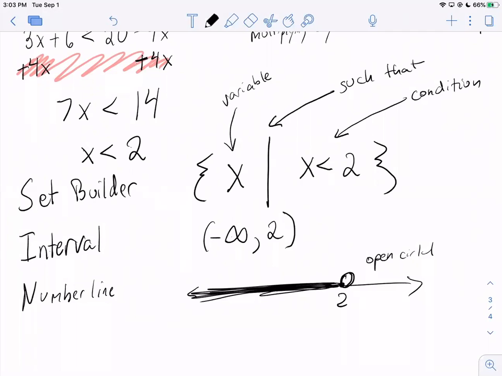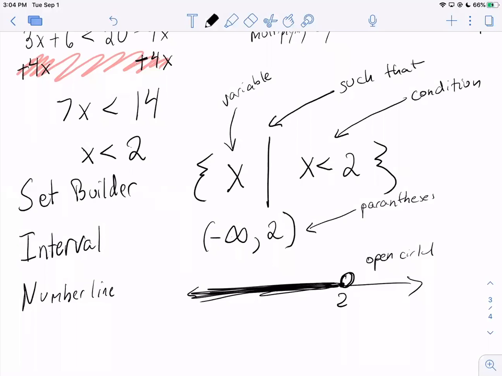Does anyone remember why we use a parentheses here versus a bracket? The bracket means that the number that is with it is included. So if we had a bracket 2, that means 2 and everything less than it is actually included. Awesome, thank you, Warren.